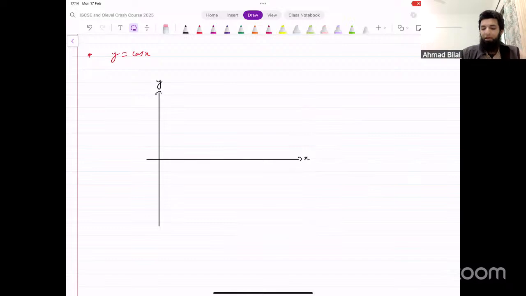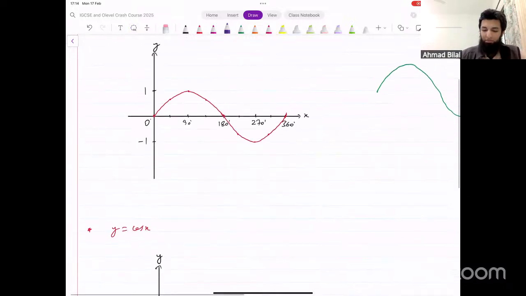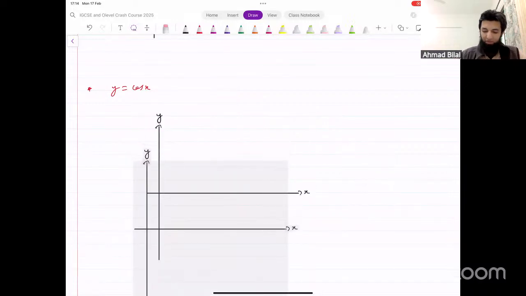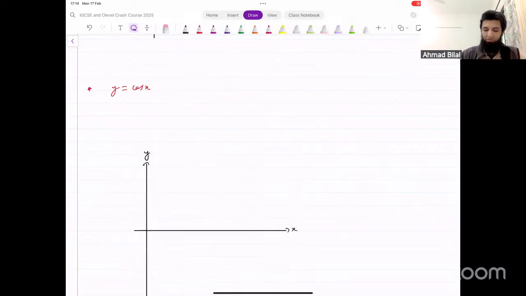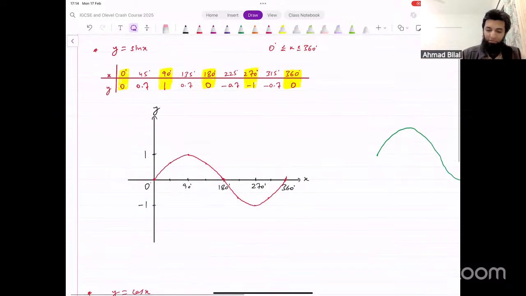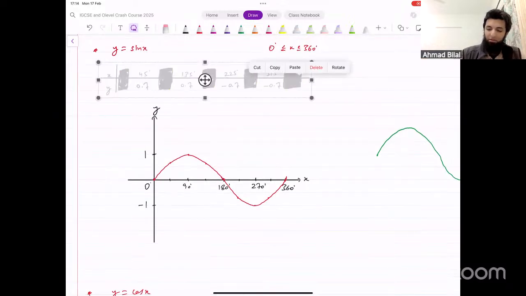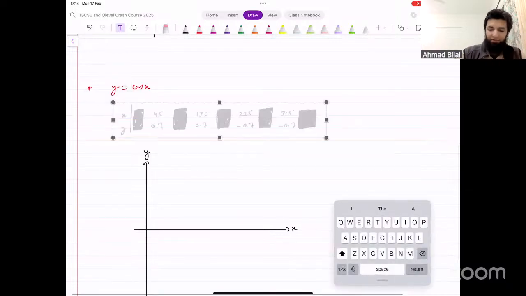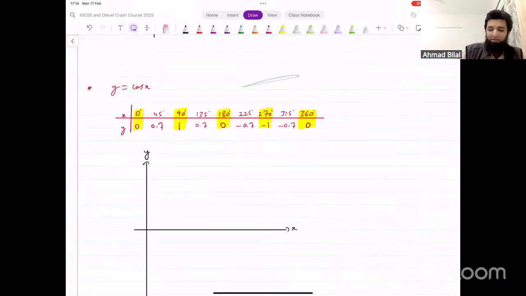All right. Now, for the cos graph again, what we can do is we can make a table. And this time, let's take a few less values. We know that it's going to be a curve.